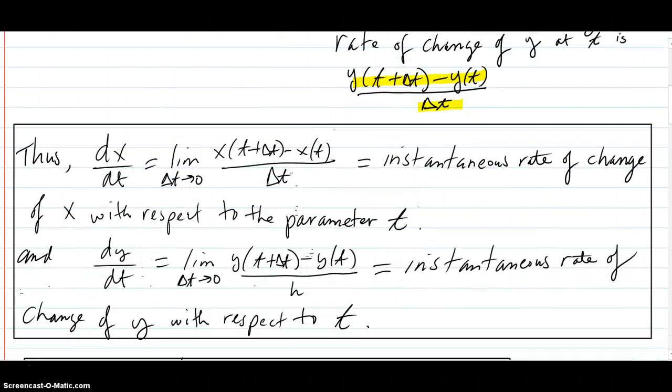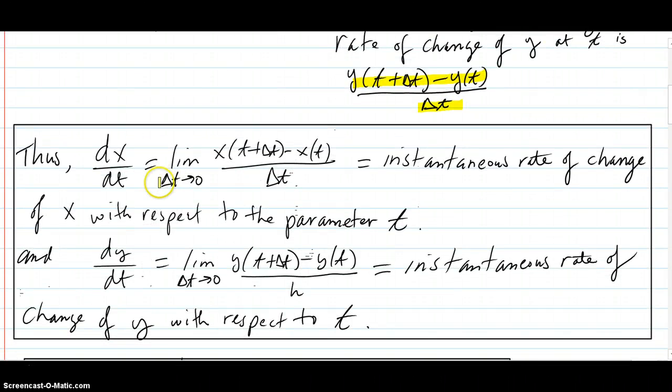Thus, when delta t goes to 0 in a limit, we get the instantaneous rate of change of x with respect to the parameter t, and we can call that dx/dt. We can also call it x prime of t.